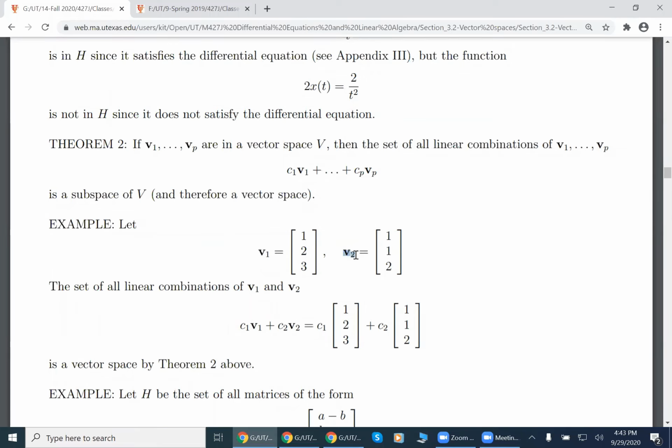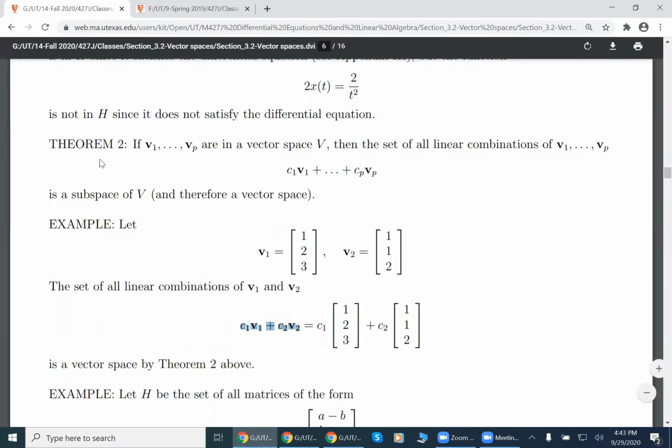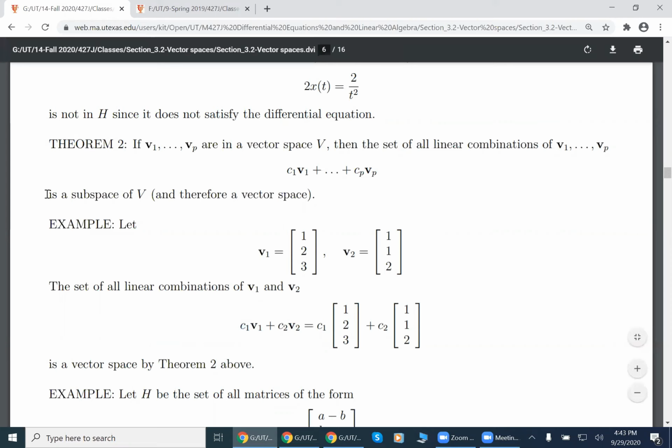These two vectors are from R2. R2 is a vector space. Since V1 and V2 are from a vector space R2, the set of all their linear combinations is a vector space by Theorem 2. Thank you.